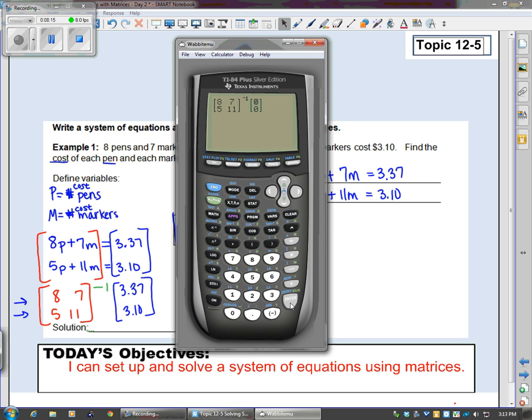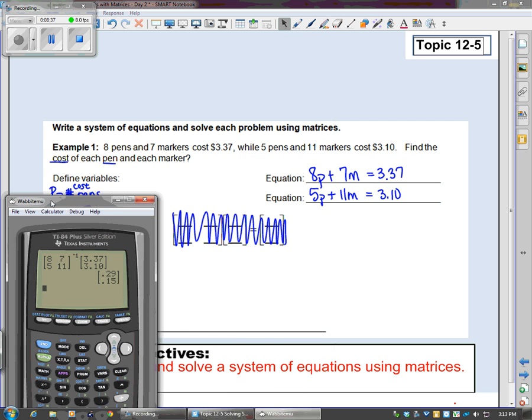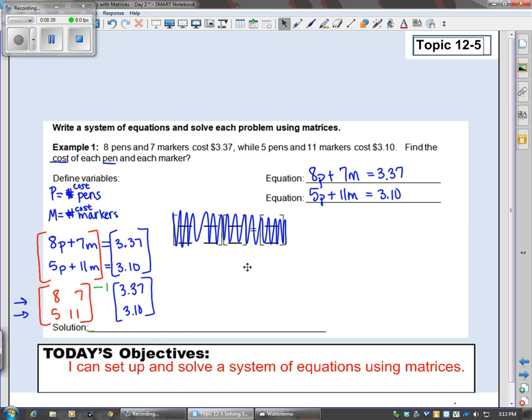You'll know if you did it correctly because you'll see things in the right order. And this is where I put in the 3.37. Do not hit enter. Use the arrow. And 3.10. Now hit enter. And you see that it gives you 0.29 and 0.15.